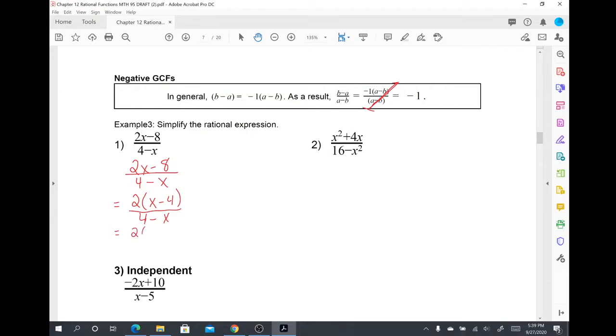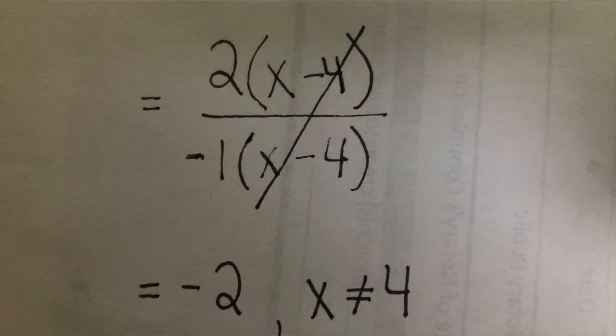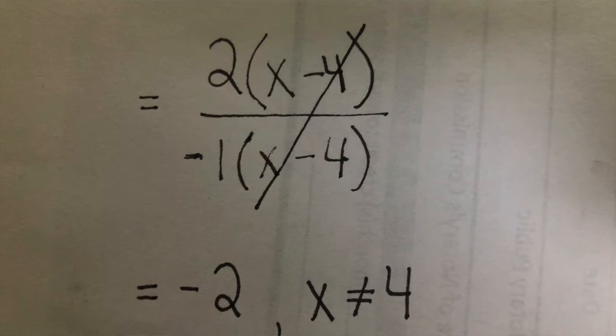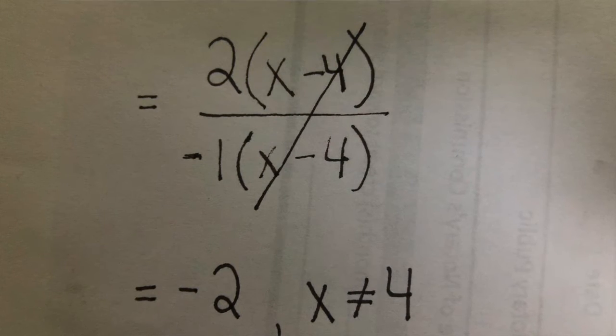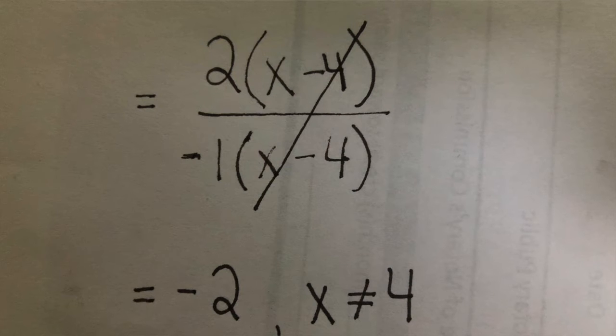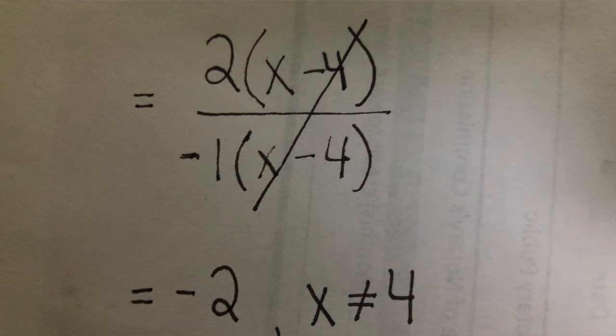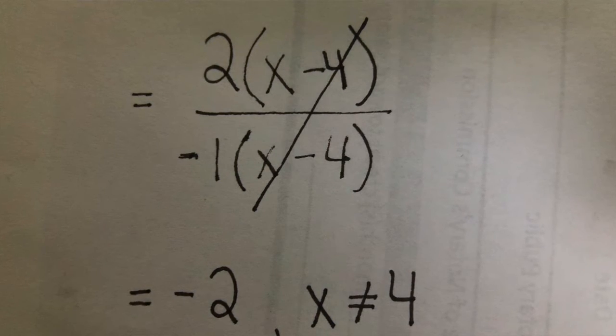So the numerator will stay the same, and the denominator will be negative 1 times negative 4 plus x. So now we can rewrite the denominator so that it is also x minus 4, and we can cancel x minus 4 out of both the numerator and the denominator, leaving us just with 2.